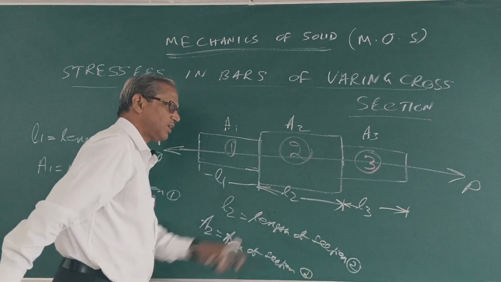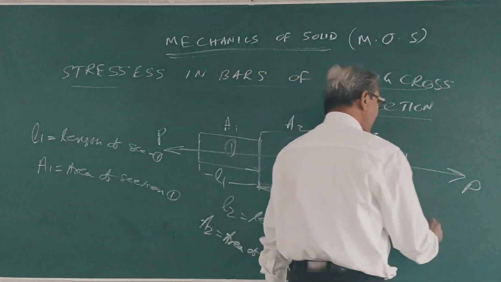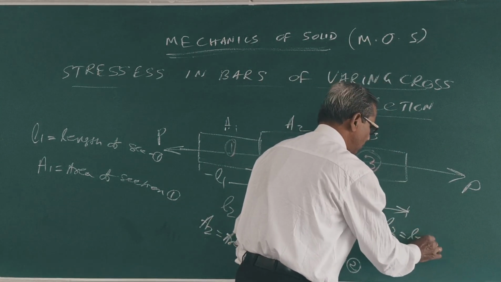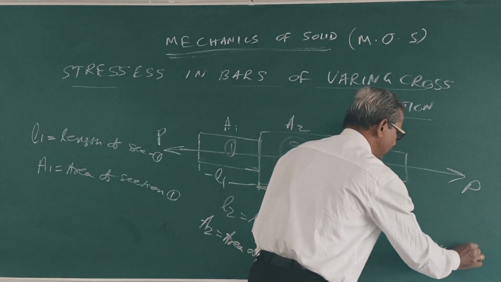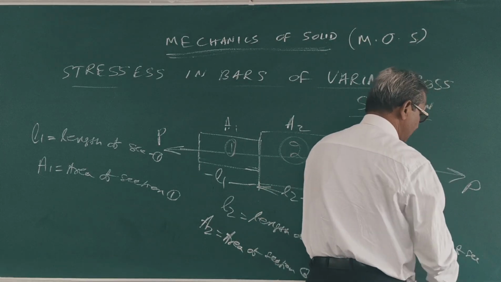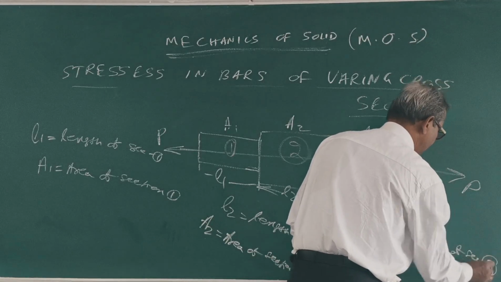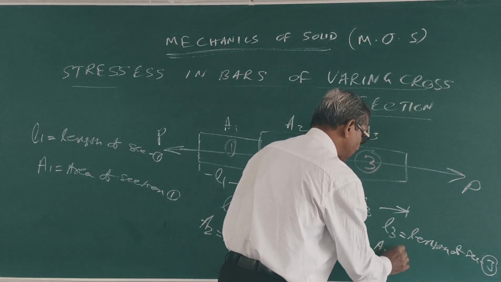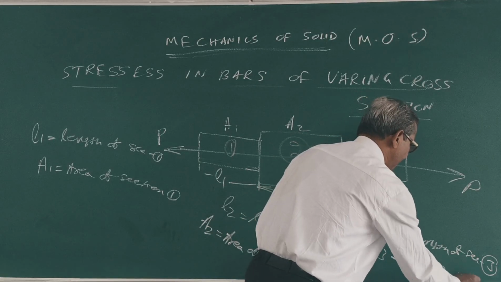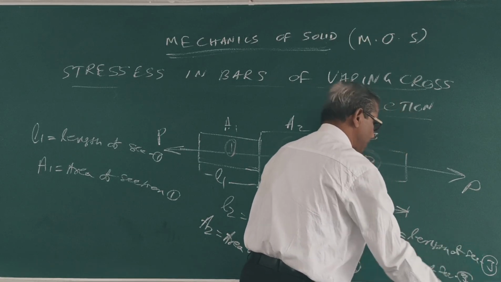Clear? For section 3, L3 is the length of section 3, A3 is the area of section 3. Clear?